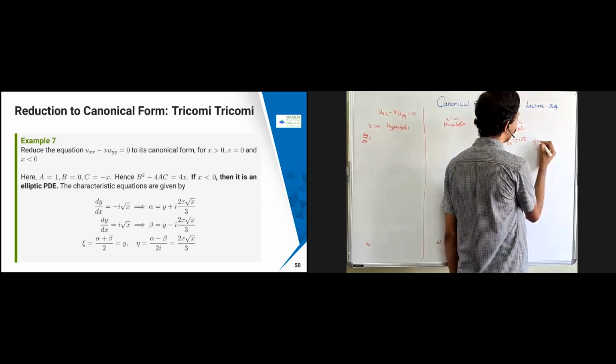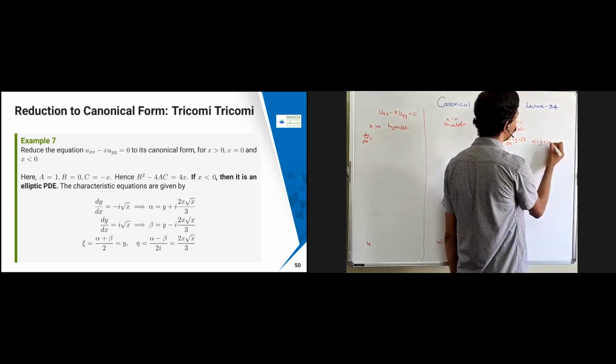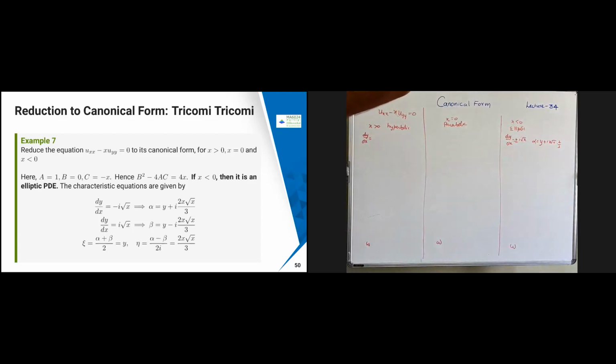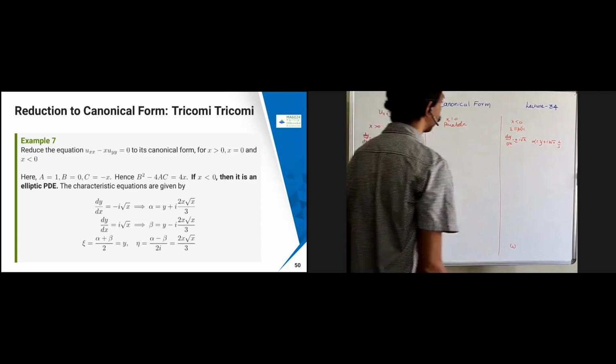So alpha is going to come like y plus i x root x into 2 by 3. Correct? Am I correct? Yeah, x power, so if I integrate, it's going to be like x power 3 by 2 by 3 by 2. So 2 by 3. Yeah, correct. Similarly, beta.